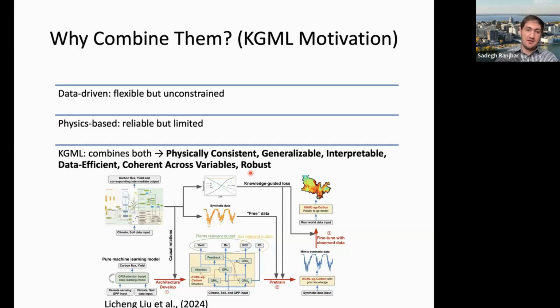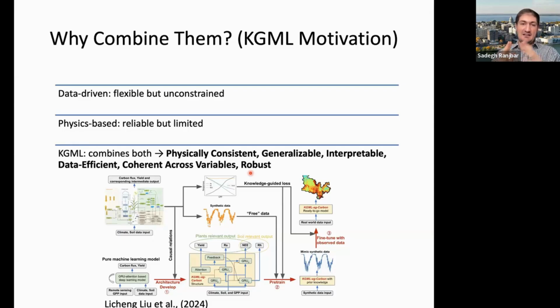For example, this study that you see was done by Leo in 2024, and they used some physical models to pre-train a data-driven model, and then used the ground data sets to fine-tune it.